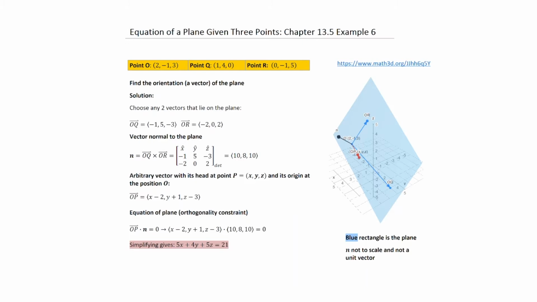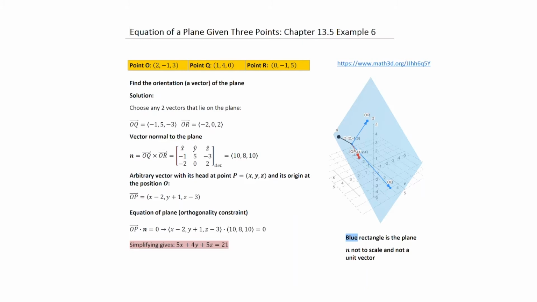So we know that 3 points, when you connect them together, will lie in a plane. What you can do is construct any 2 vectors. In this case, there are 3 possible vectors to choose: OQ, OR, or QR, or the reverse. It doesn't matter.